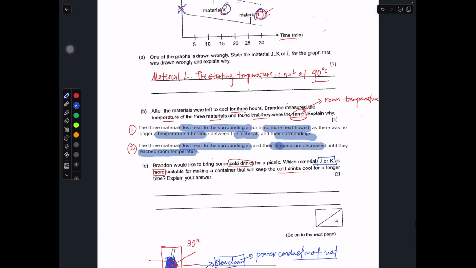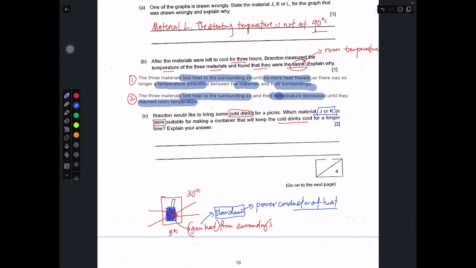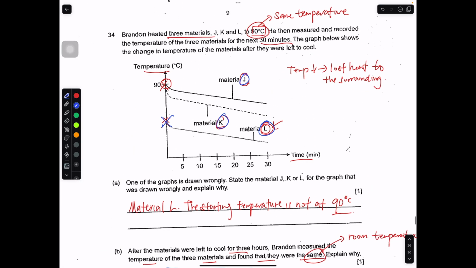Between J and K, how do you know which one is a poorer conductor? You look at the graph. Take a look at this part. At a certain point, let's say at 25 degrees, this is how much the temperature has dropped.